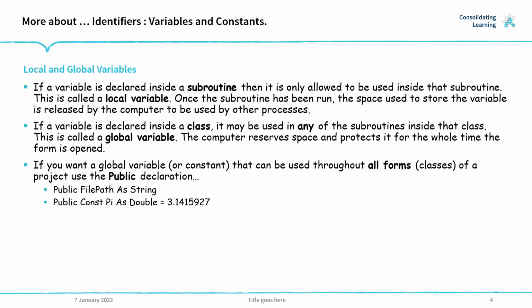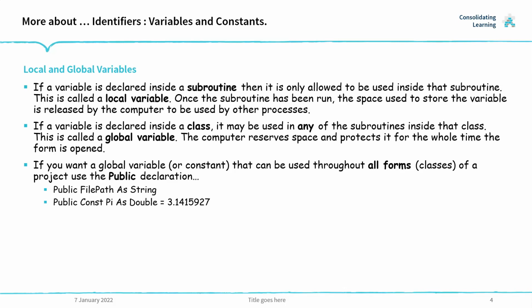There are two types of variables, local and global. If a variable is declared inside a subroutine, which in this case is inside an object like a button, then it's only allowed to be used within that subroutine. Therefore, it's a local variable. You cannot use that variable again elsewhere.